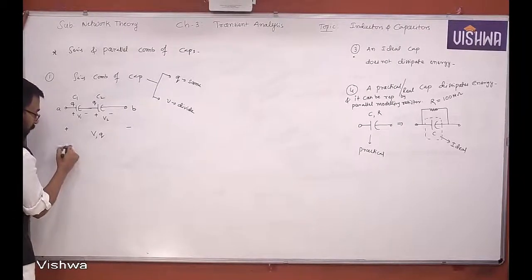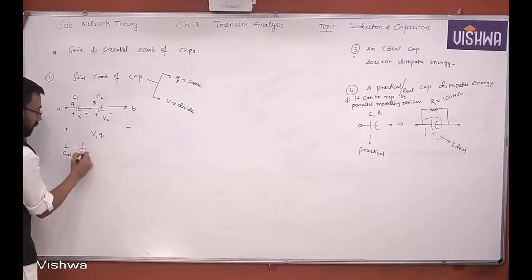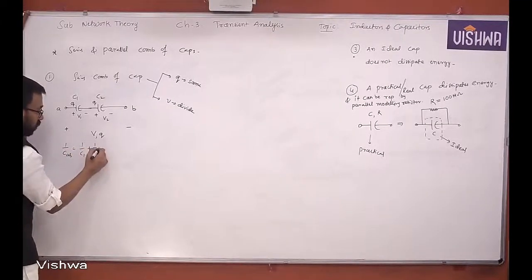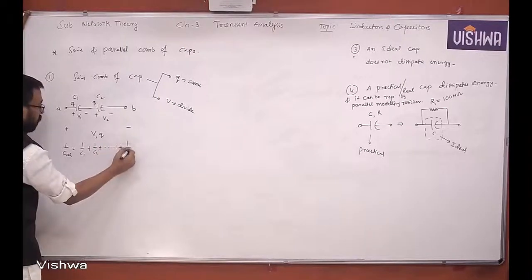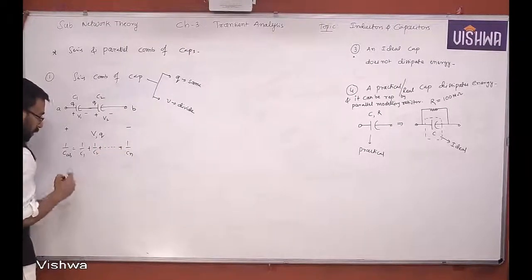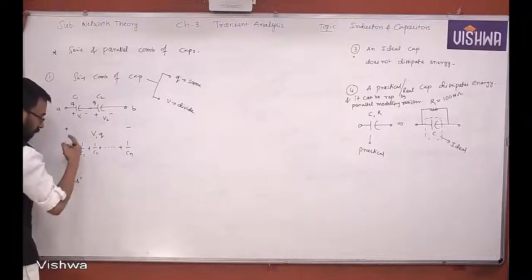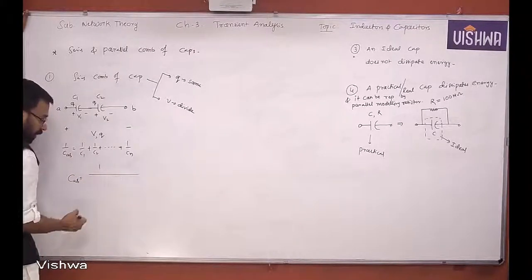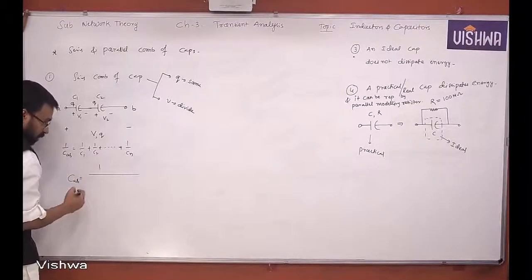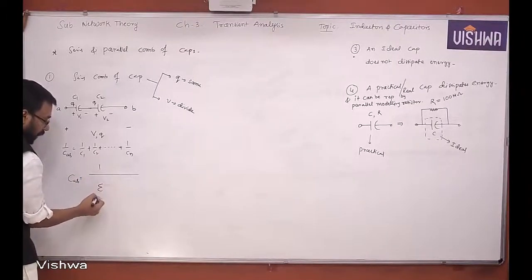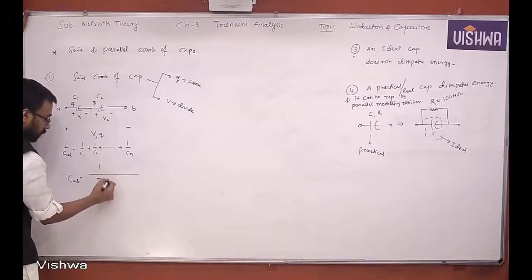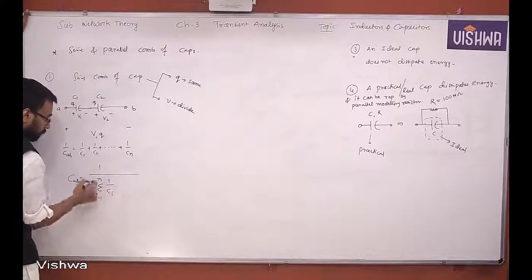Now you can see the formula. 1 by C equivalent, or CAB, is equal to 1 by C1 plus 1 by C2 and so on, plus 1 by Cn. We can write CAB as 1 by the summation, because this is a summation, right? Summation i equals 1 to n of 1 by Ci.